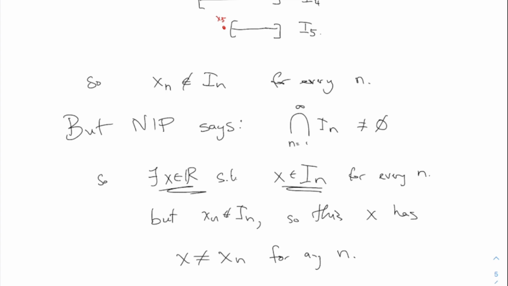That's because xn is not in In, but x is in In, so they can't be the same number. So this number x, this magical number that you got from the nested intervals, is not equal to any of the xn's that are in the list. Anybody see why that's a contradiction?